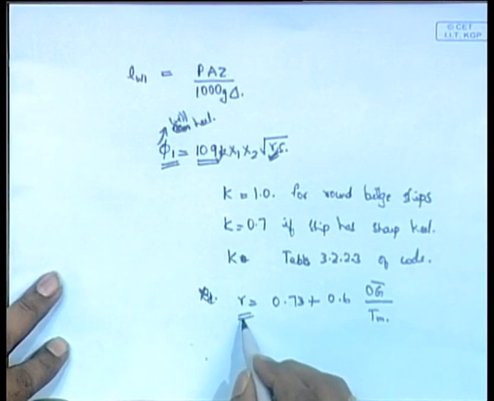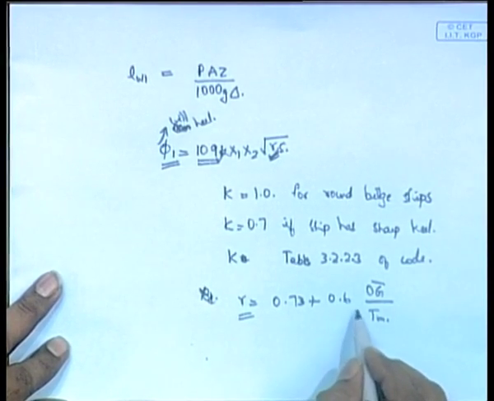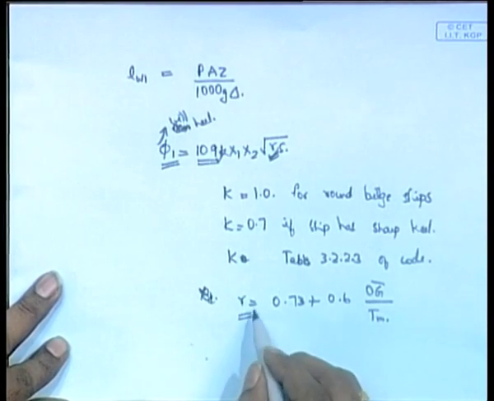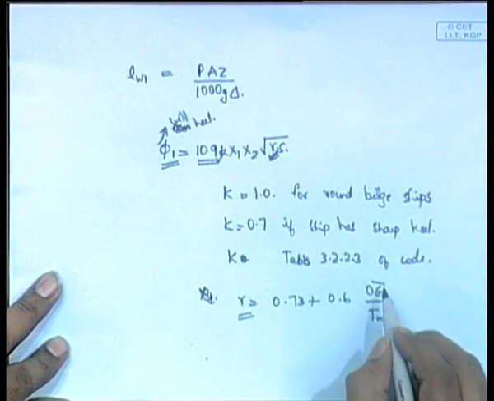These are commonly seen. So, r is equal to 0.73 plus 0.6 OG by Tm.